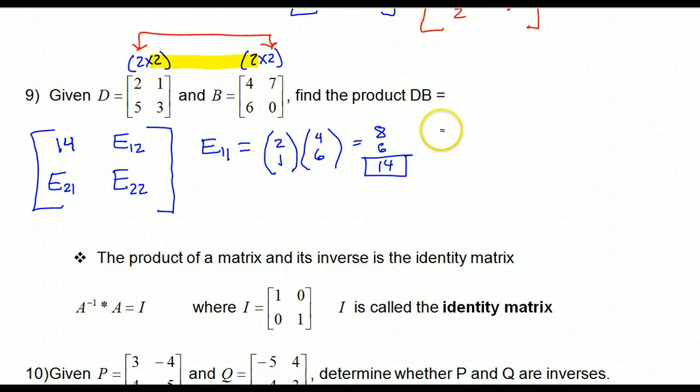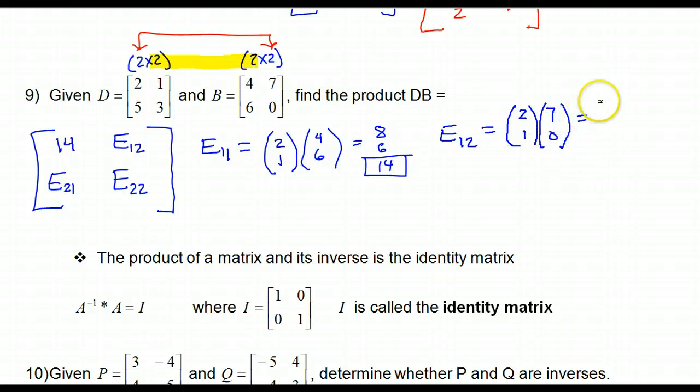Okay, let's keep going and find element 1, 2. That means we need to do row 1, column 2. Row 1 is 2, 1. Column 2 is 7, 0. So that is 14 and 0, which is 14. So this is going to be 14. Whoa, two 14s. What a coincidence.